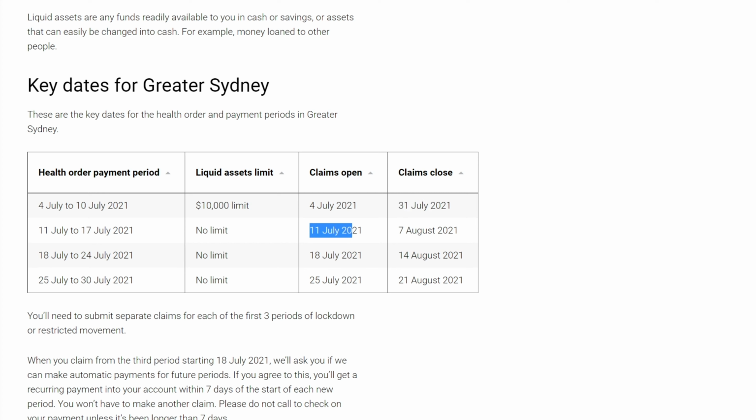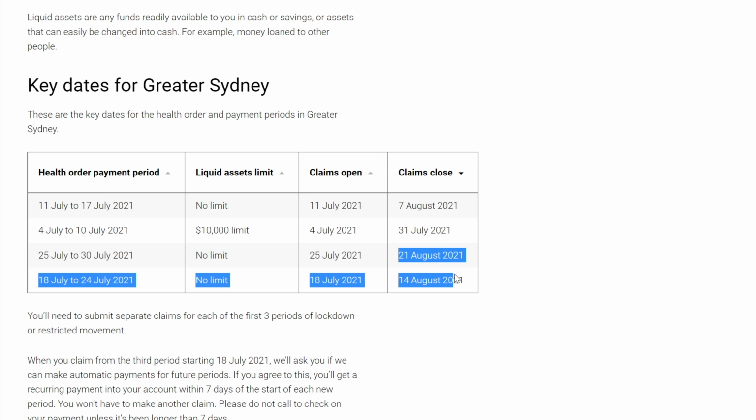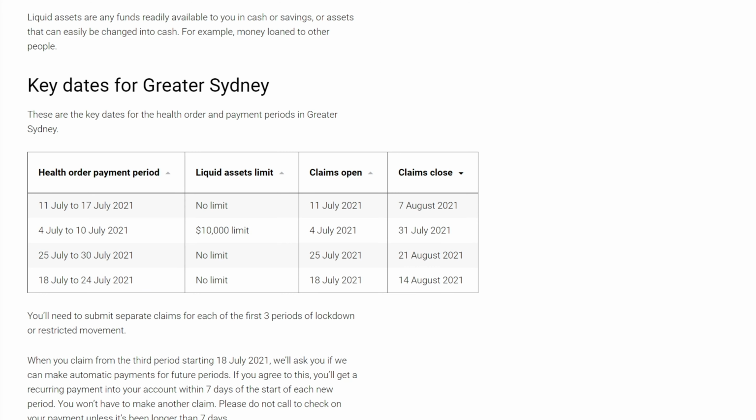The claims for the second week start on 11 July 2021 and close on 7th August 2021. And then you can see there are other periods. All of the following periods do not have liquid asset limits, but be careful to pay attention to the claims close dates, and you should apply for your disaster payment before these dates.